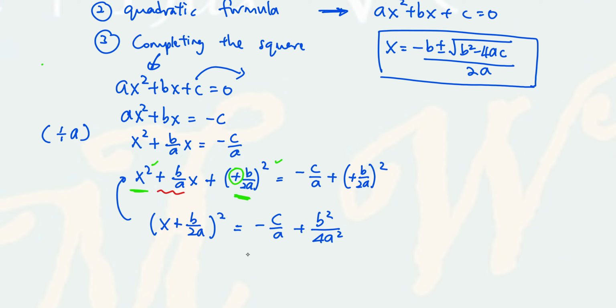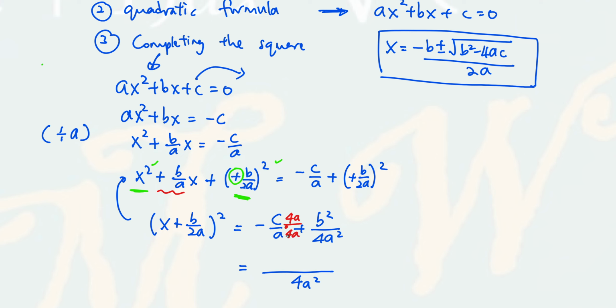Okay, then from here, you can just combine the terms on the right side. It means that we are getting the same denominator, which is 4a squared. So my first term, instead of minus c over a, is like you are multiplying this term by 4a over 4a.